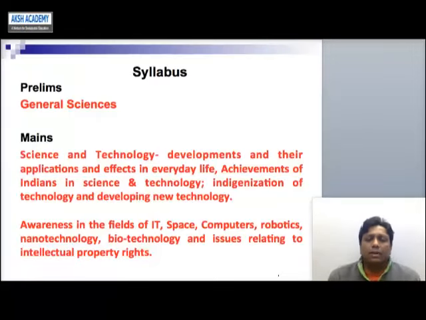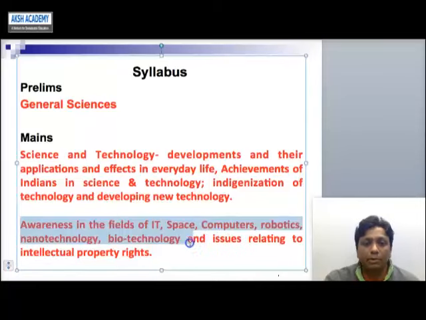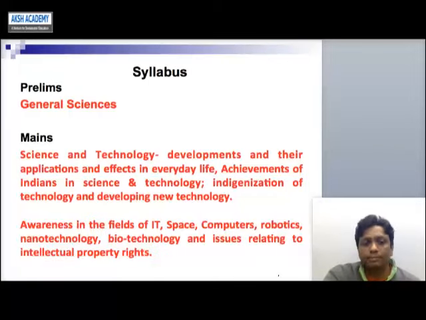See friends, the syllabus defined in the prelims examination, UPSC only mentioned as general science. But in the mains paper, UPSC has defined science and technology development, their application and effects in everyday life, achievements of Indians in science and technology, indigenization of technology and developing new technology, awareness in the field of IT, space, computer, robotics, nanotechnology, biotechnology, and of course various issues related to intellectual property rights.